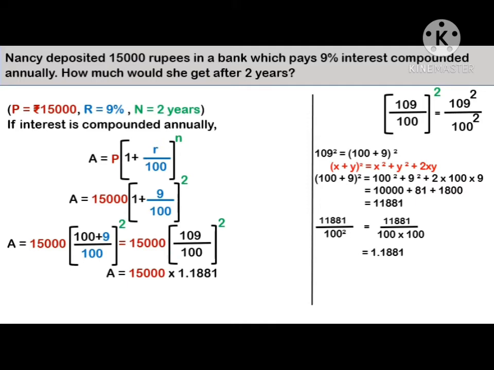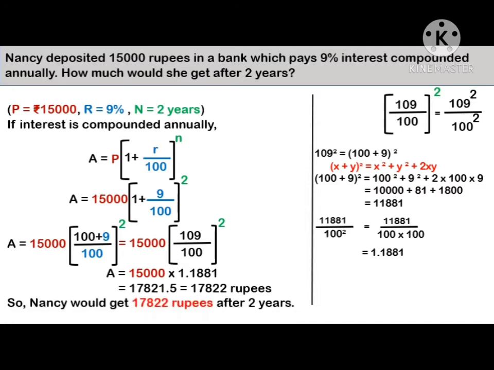When we multiply this, we get A equal to 17,821.5. Here 50 paise is rounded to 1 rupee. So we will get 17,822 rupees. So we can say Nancy would get 17,822 rupees after 2 years.